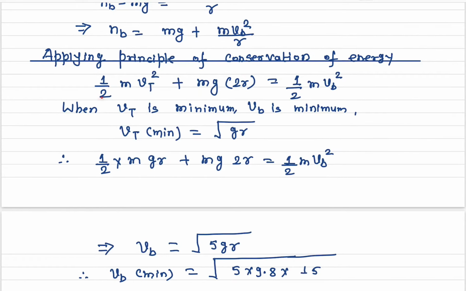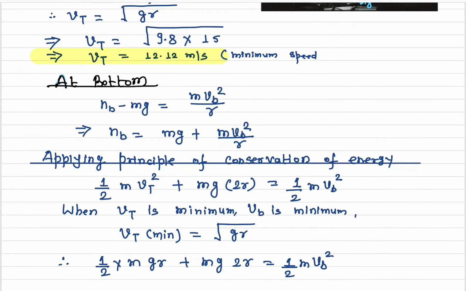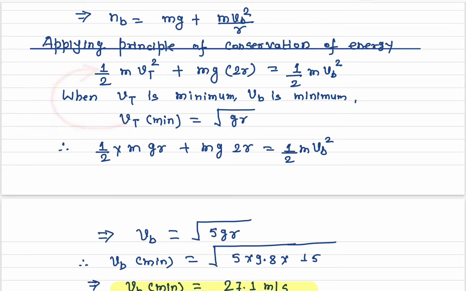Now in order to have the minimum speed, we set Vt as a minimum, and we already solved that Vt minimum is the square root of gr. So I'm plugging this Vt into this equation: half m, and Vt squared should be gr, mg2r as it is, half m vb squared.